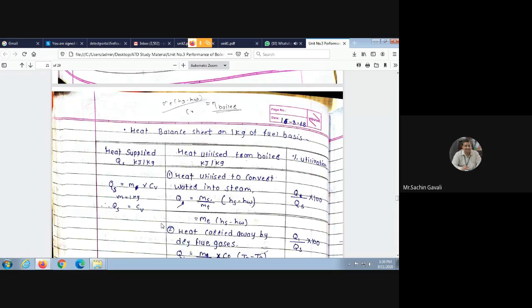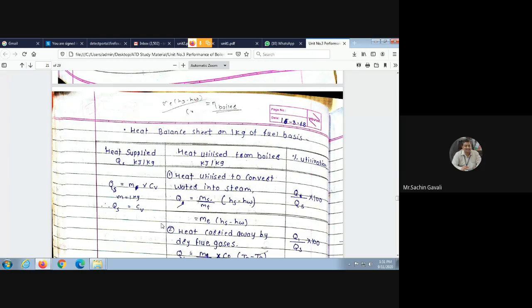So if more heat is going to waste, and the engineer or management does some good project work and minimizes that heat loss, then it will drastically increase the efficiency of the boiler. Whatever loss they save will be added to the efficiency.